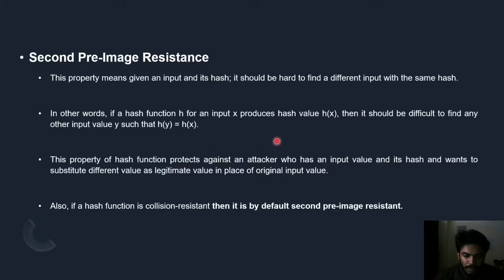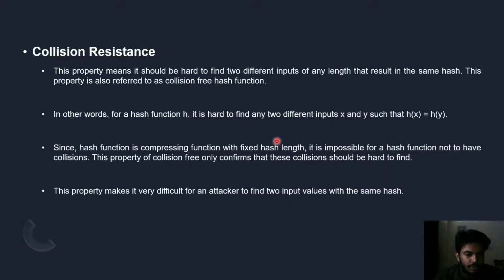The third property is called collision resistance. This means that it should be very hard to find two different inputs of variable length which result in the same hash. It is almost similar to the second pre-image resistance, but somewhat different in the sense that the inputs should never be the same.